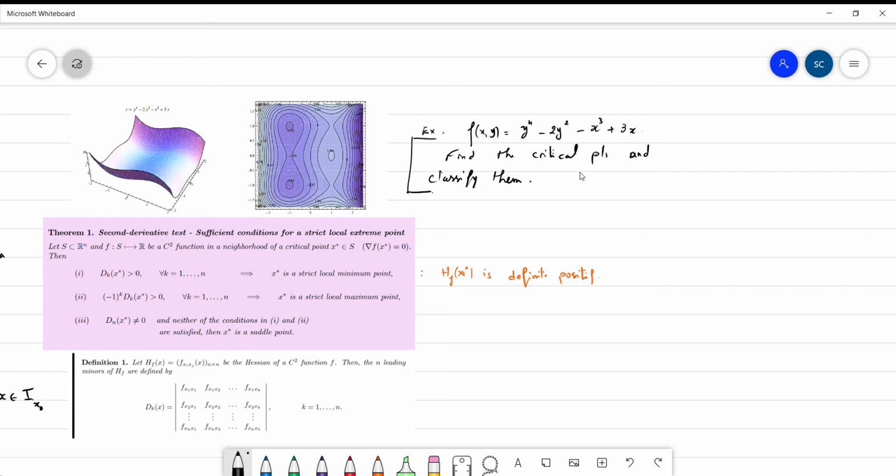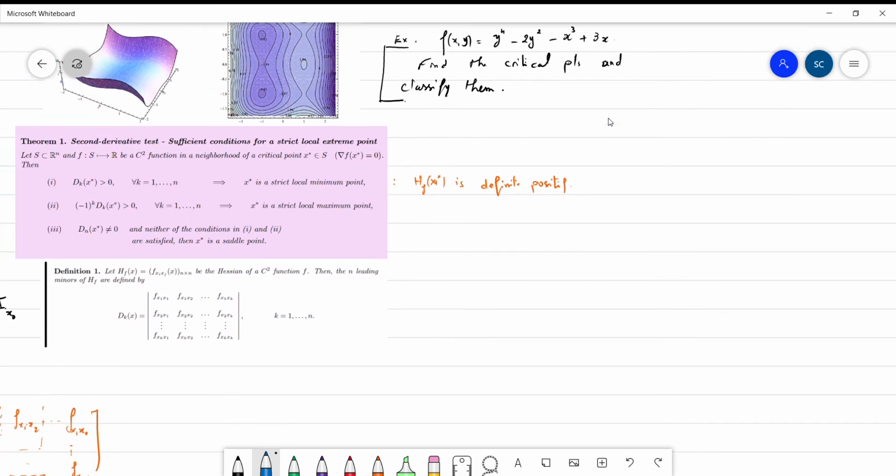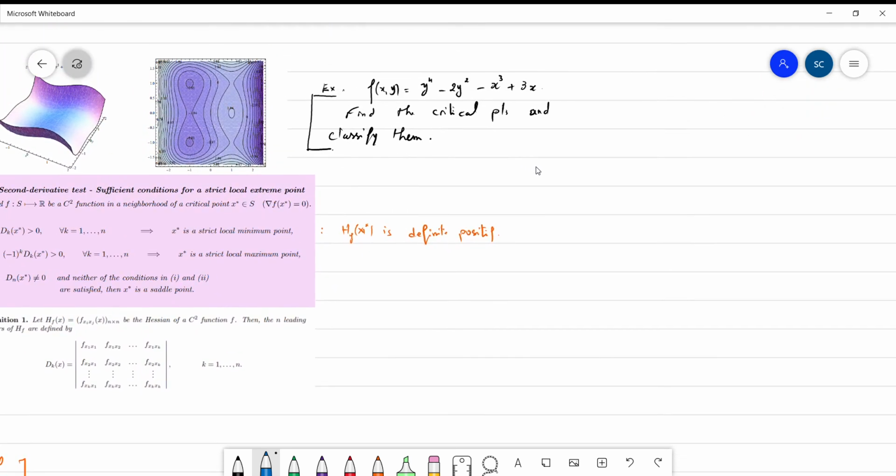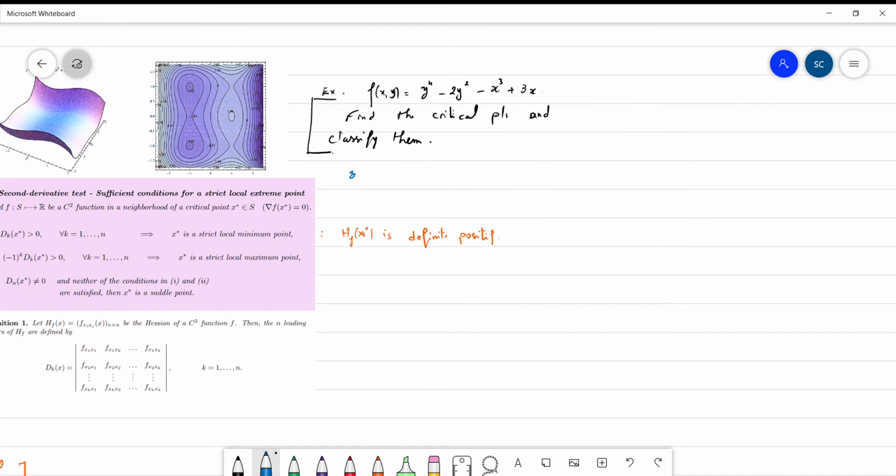So let's find the answer to that. Okay, my function is infinitely differentiable, so I can look for the critical points as solutions of the gradient equals 0. The partial derivative with respect to x is minus 3x^2 plus 3. The partial derivative with respect to y is 4y^3 minus 4y.